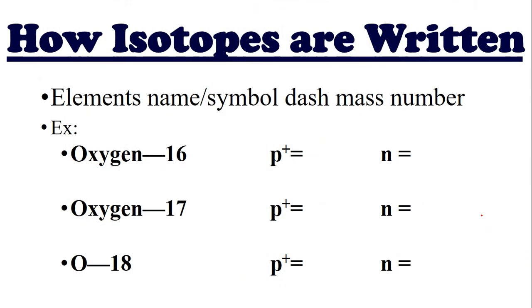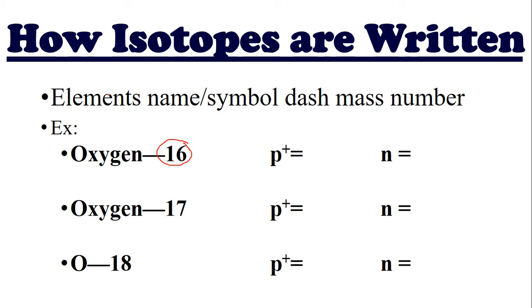So let's look at how they're written and use it to calculate some. How isotopes are written, you have either the element's name or the element symbol, a dash, and then a number. That number represents the mass number. Before we go any further, you should have your periodic table with you.